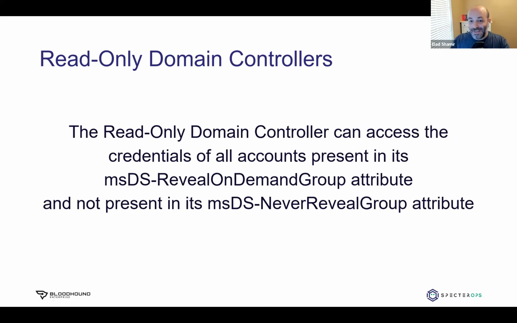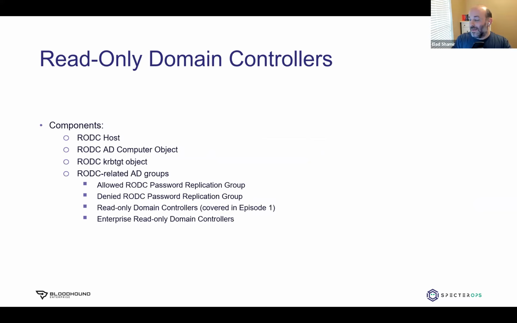The RODC can access the credentials of all accounts present in the allow list, while also not present in the deny list. So if an account is in the allow list but not in the deny list, the RODC can compromise it.